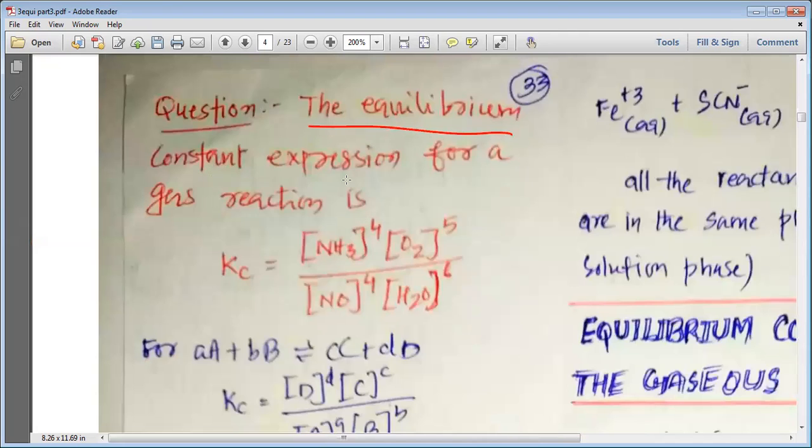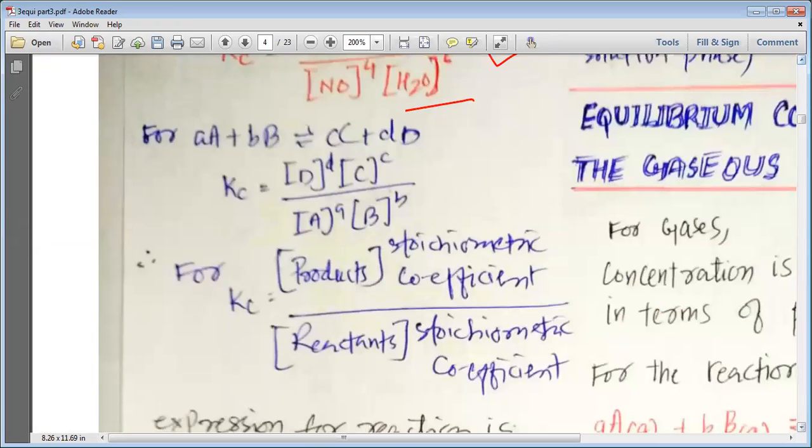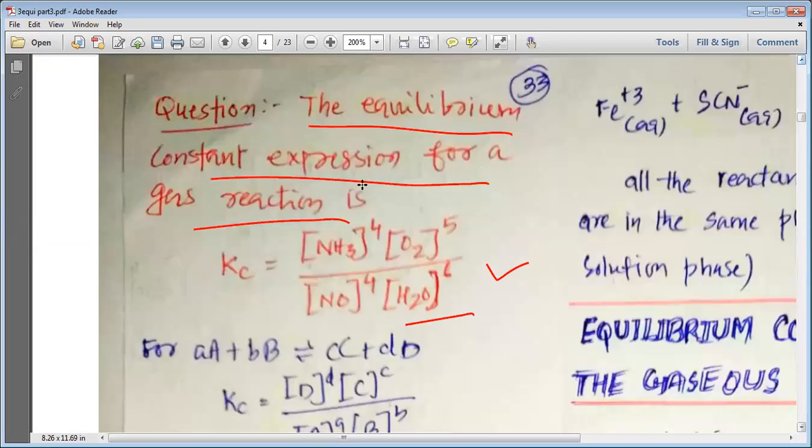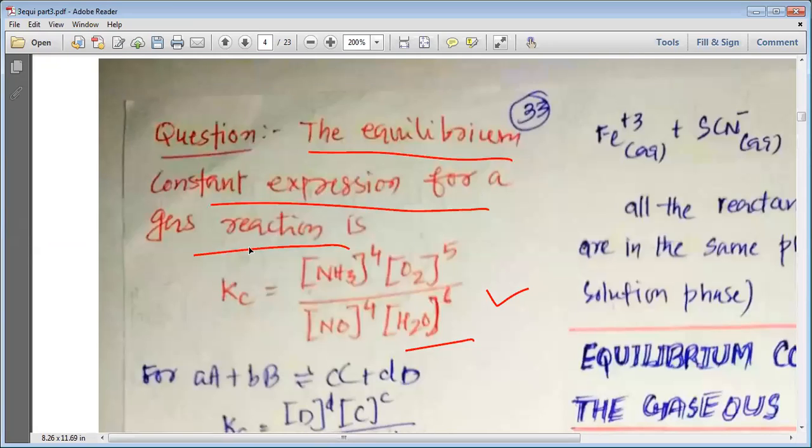The equilibrium constant expression for the gas reaction is this: Kc equals NH3 to the power 4 into O2 to the power 5 divided by NO to the power 4 and H2O to the power 6. Now we need to write the reaction. So what kind of reaction could it be?